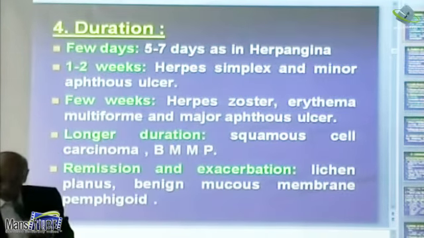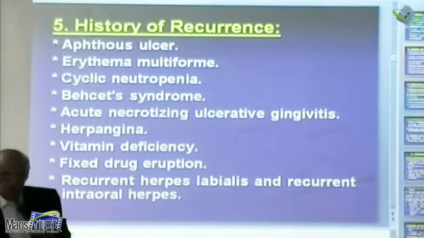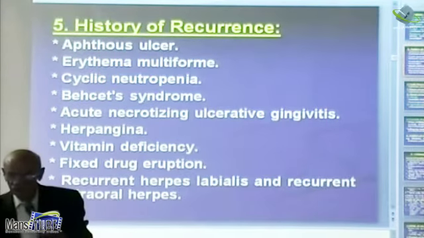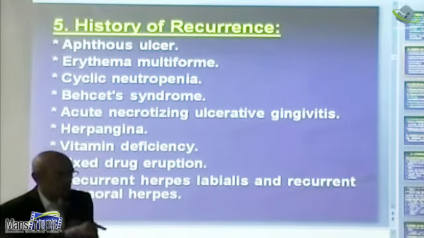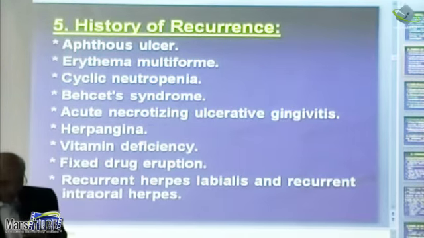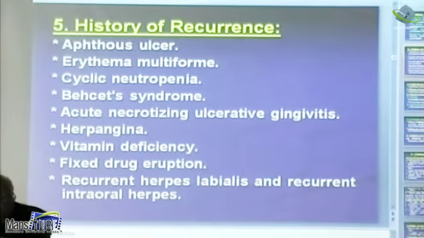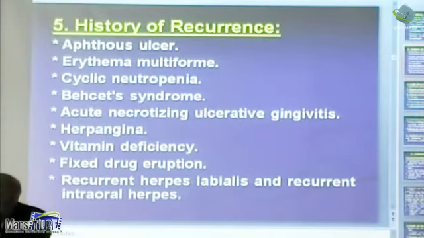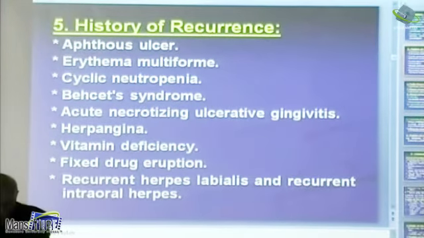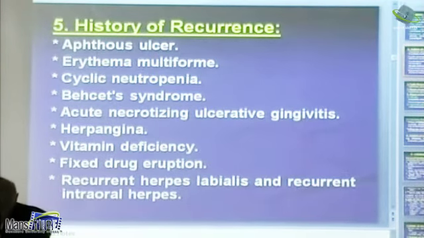Then okay, count number 5, history of recurrence. Sometimes erythema multiforme is recurrent, 3 or 4 attacks per year, once a year. Aphthous ulcer in females occurs periodically with menstruation in some patients. Aphthous ulcer, erythema multiforme, cyclic neutropenia, each time there is a hit on the bone marrow and the white cells. Behcet's syndrome, acute anemia, herpangina, vitamin deficiency, fixed drug eruption, which I explained before. Each time he takes the drug it comes back again.